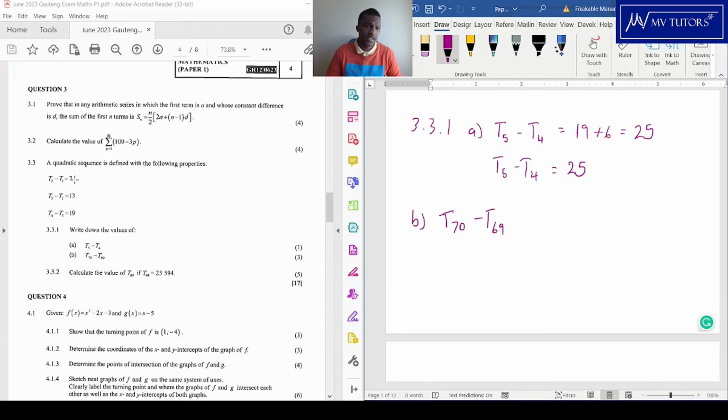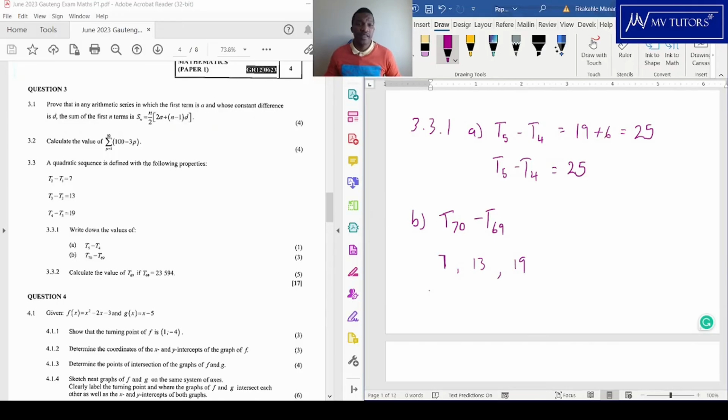If our series is T, then our first term is 7, our second term is 13, our third term is 19. So T70 minus T69 is like solving for T69.